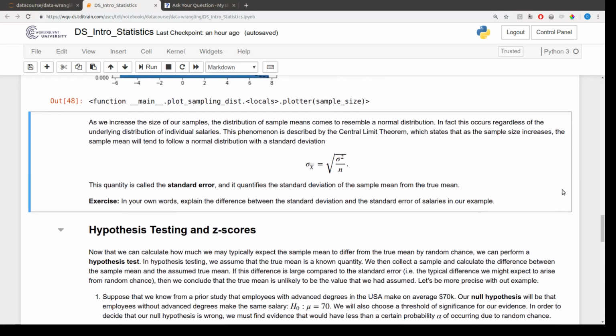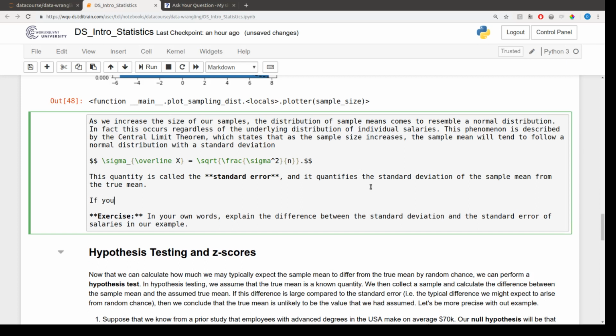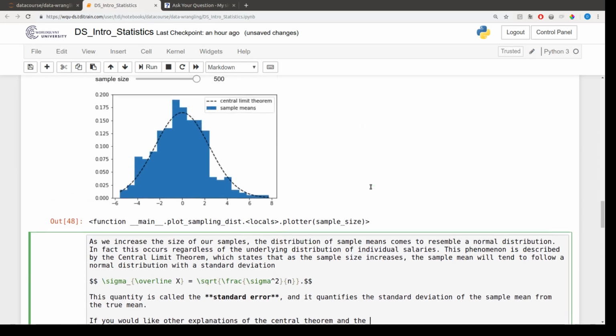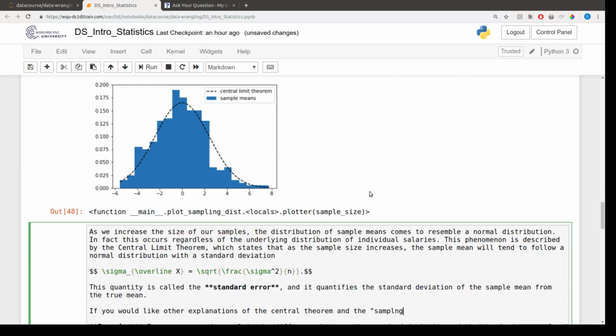So if you would like other explanations of the central limit theorem and the sampling distribution of the sample mean, check out the videos here.